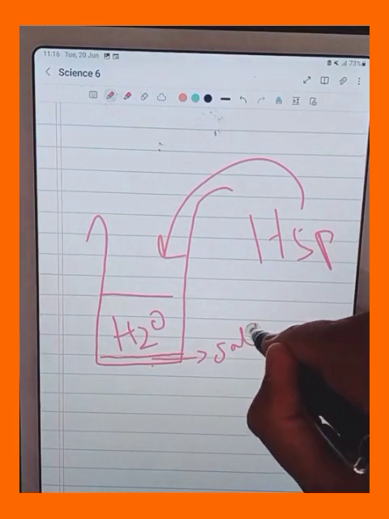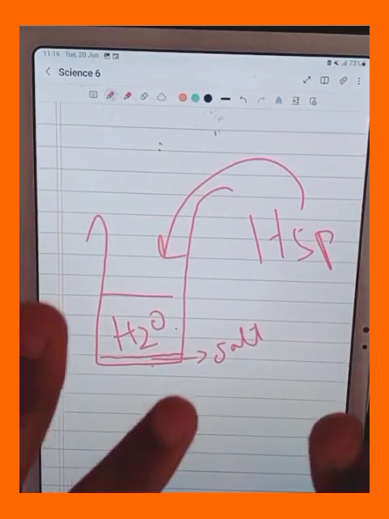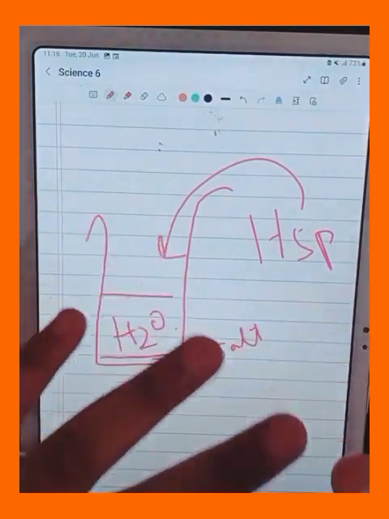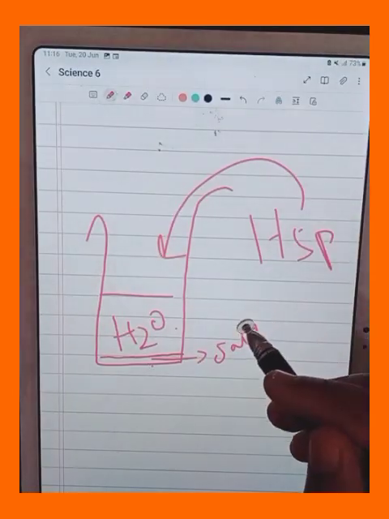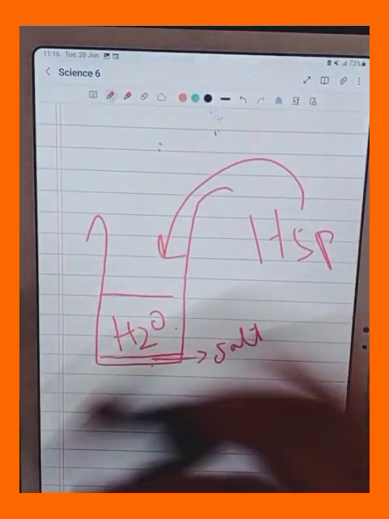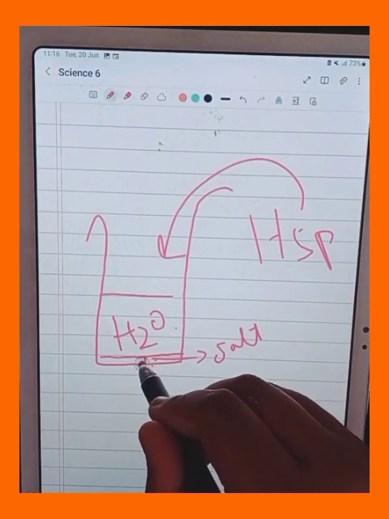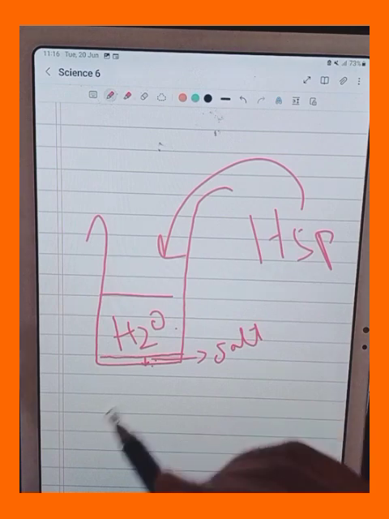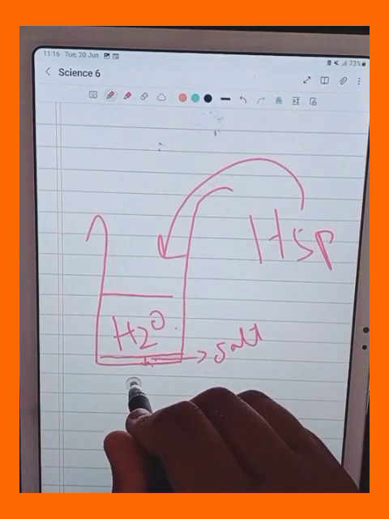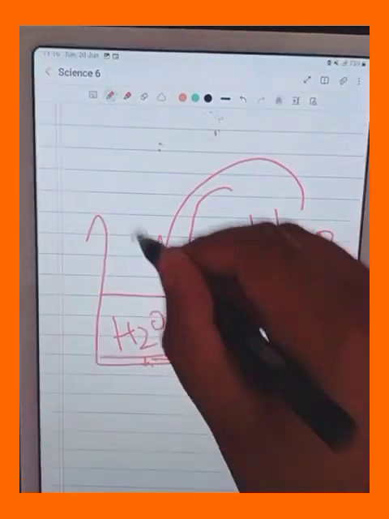This says that the water is full. It can't take more salt, and the salt settles. So in order to make it take more salt, you have to stir.